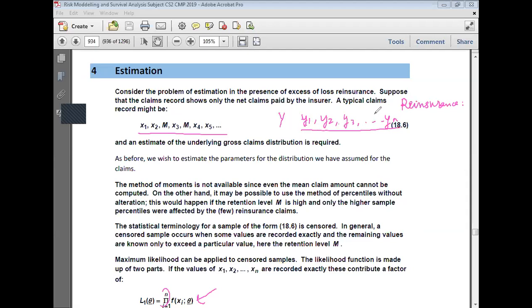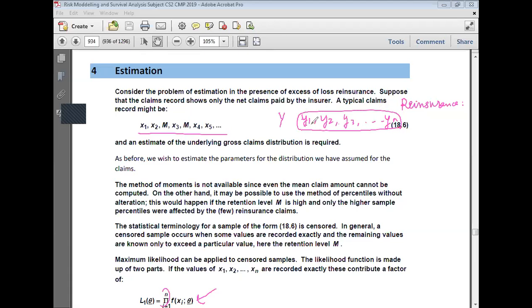Now I have to use the maximum likelihood estimation method to determine my optimal parameters, the ones that make what I have observed the most likely to be observed. You can also use the method of moments or the method of percentiles, but sometimes it's just not possible, because either the deductible level is higher or the moments do not exist, so you cannot calculate them.